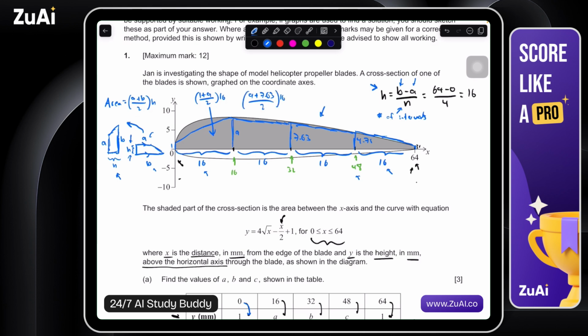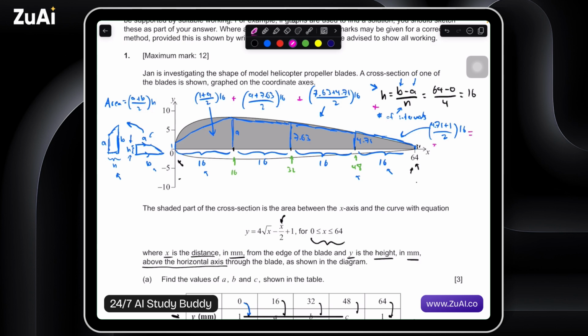And this would be the average of these two, 7.63 plus 4.71 over 2 times 16. And this last one, running out of space a little, 4.71 plus 1 over 2 times 16. And if you were to add each of these up, so this plus this plus this plus this one over here, you would get that same 357. It just takes a little longer.